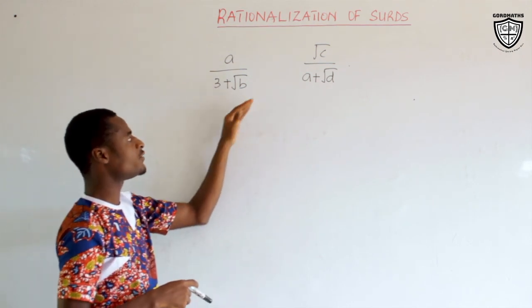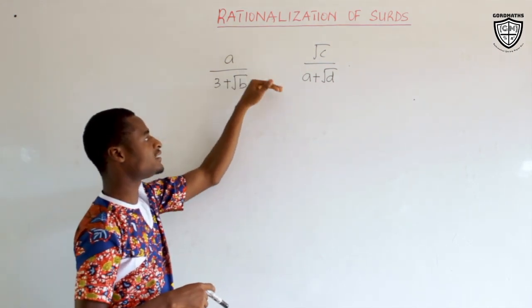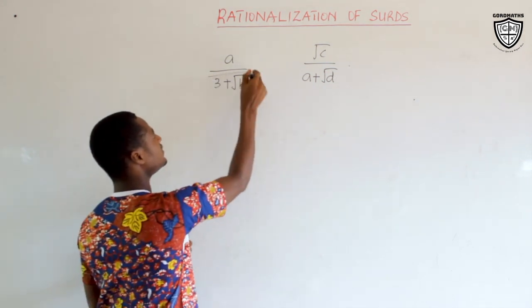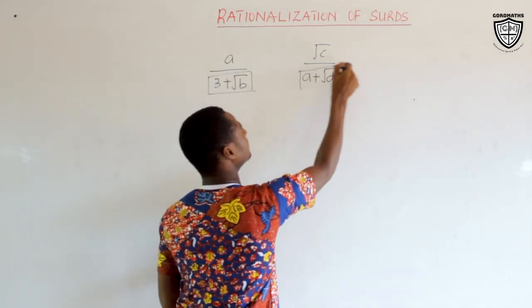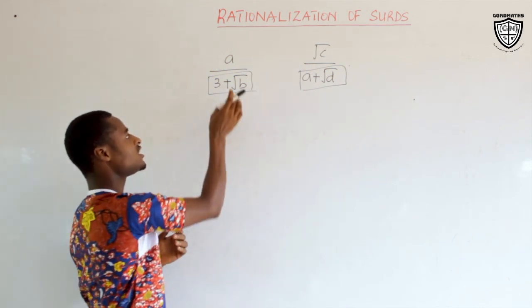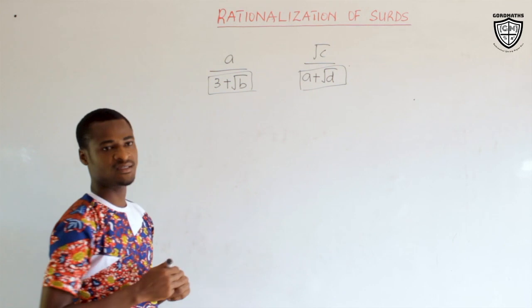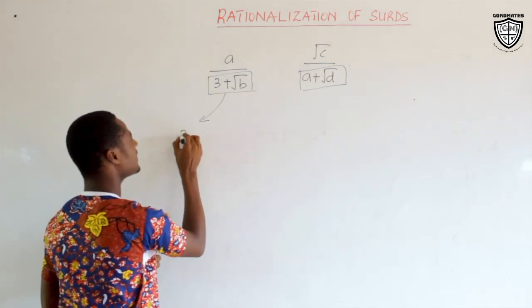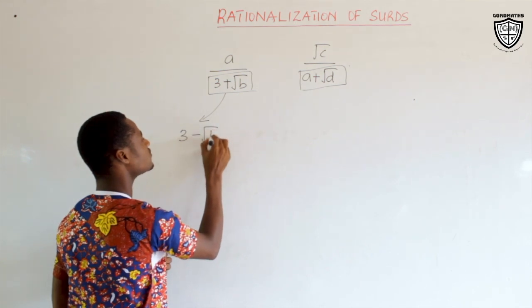In this case, we multiply both the numerator and the denominator by what we call the conjugate of this denominator. The conjugate of a surd is obtained when we change the sign between the given terms. And so the conjugate for this one is 3 minus square root of b.